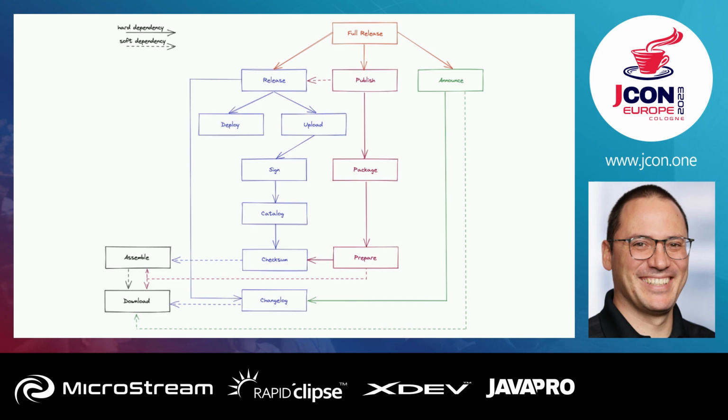And the last one is assemble. This is the one that creates what we call distributions. These are archives like zips or tar files that contain a set of files in a given structure.